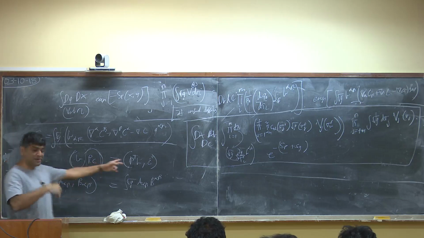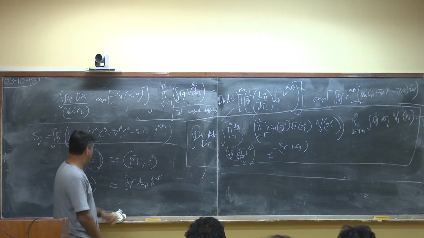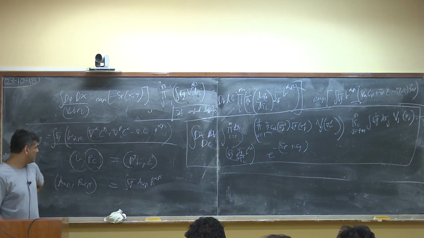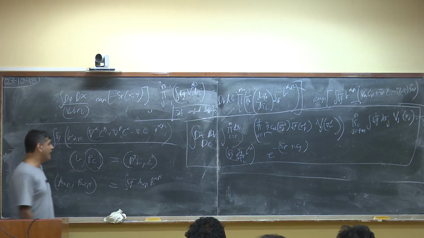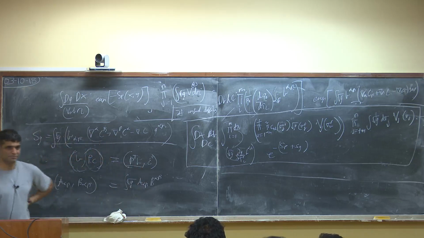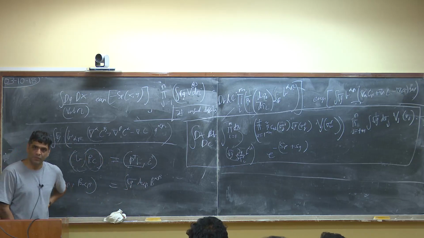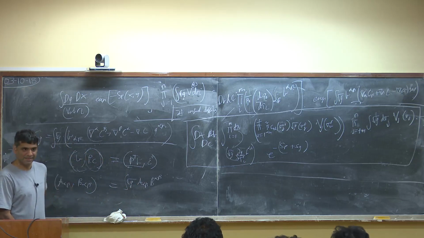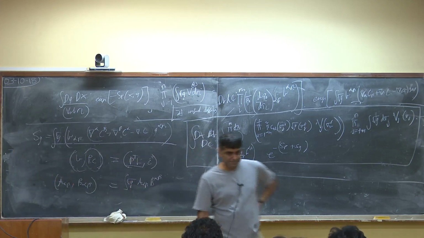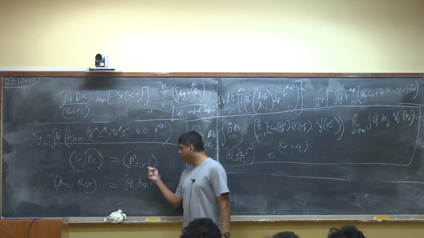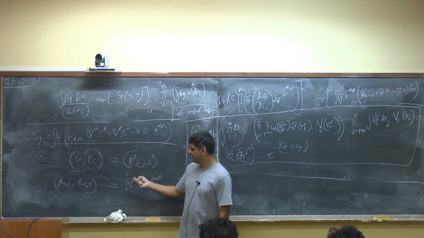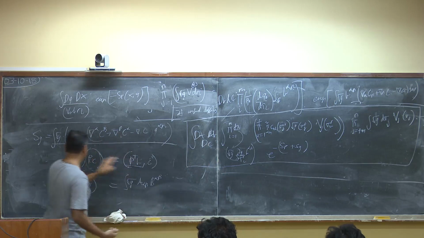But anyway, let's look at it this way. Now let's look at the object P dagger. Suppose you have 0 modes of P dagger. What does it mean? If you have a 0 mode of P dagger, this means that no matter what C you put in here, this is just equal to this.